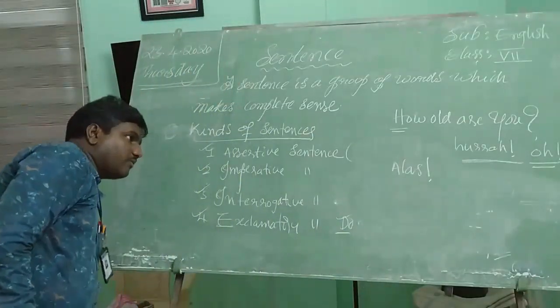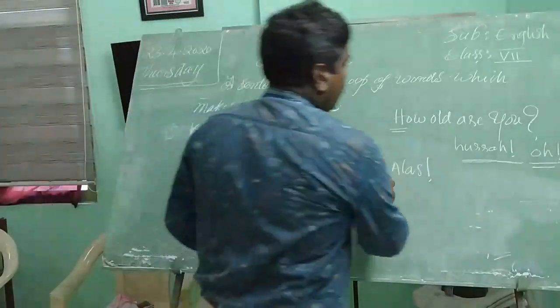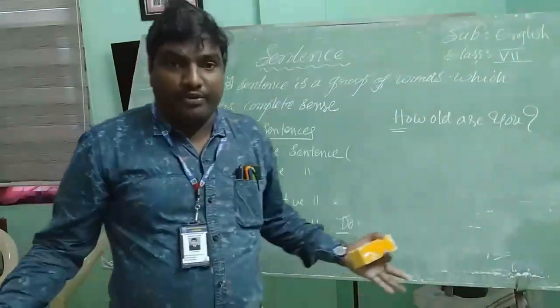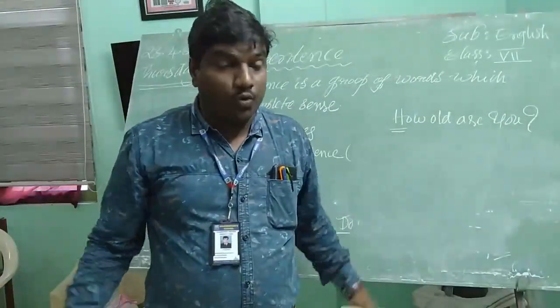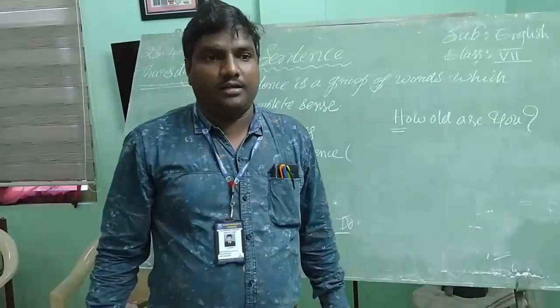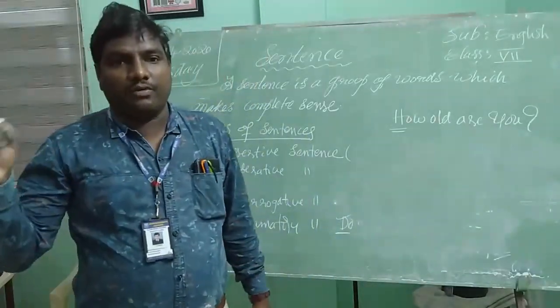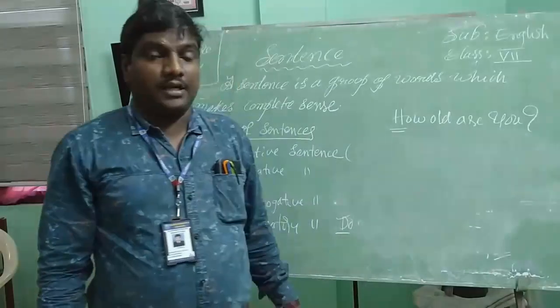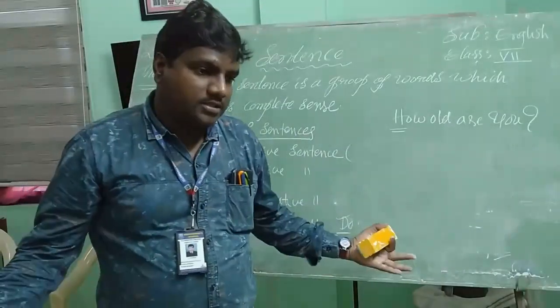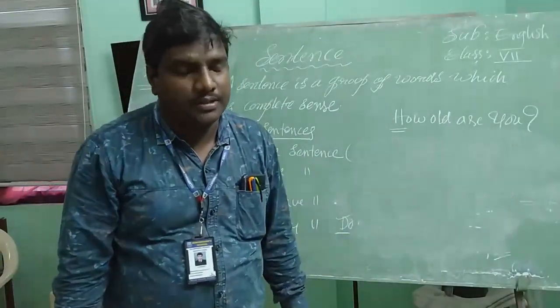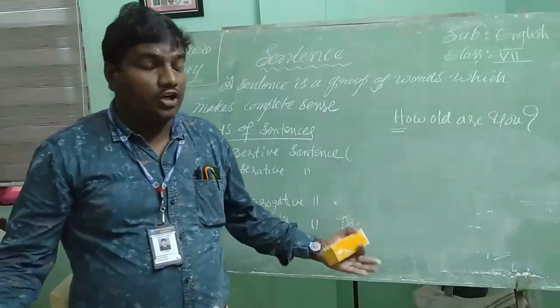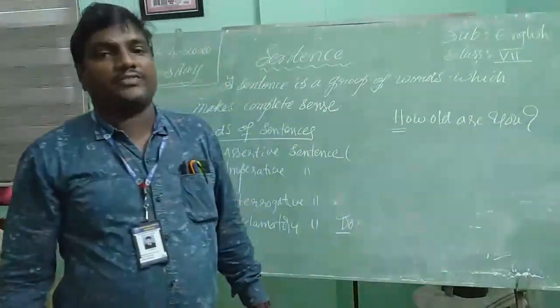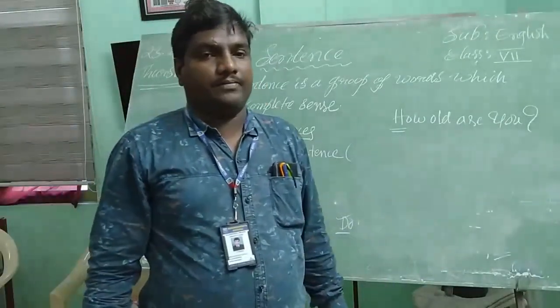What are the examples of an exclamatory sentence? What a beautiful garden it is! That is an example of an exclamatory sentence. Alas, I lost my purse. Here, alas indicates sadness.